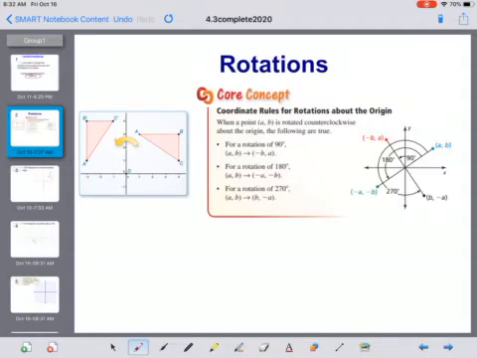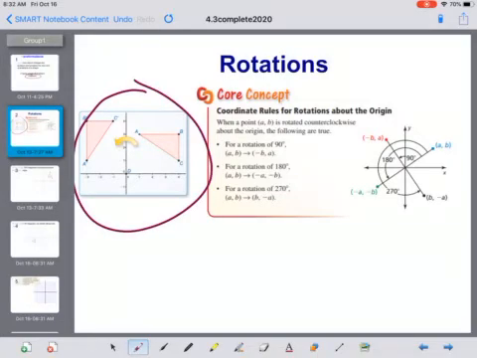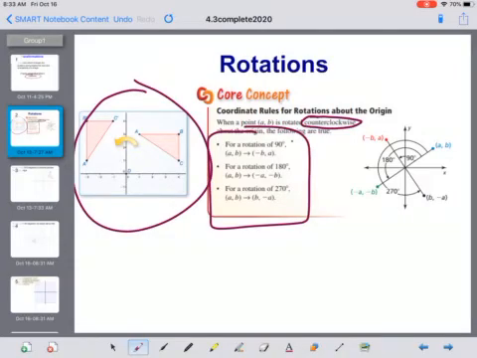And when we're rotating, you can see in this figure how every single point is rotated. When it says 90 degrees, we need to remember that we are talking about it as counterclockwise around the origin. So this is 90 degrees counterclockwise, 180 degrees counterclockwise, and 270 degrees counterclockwise.